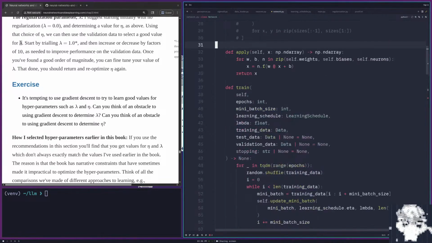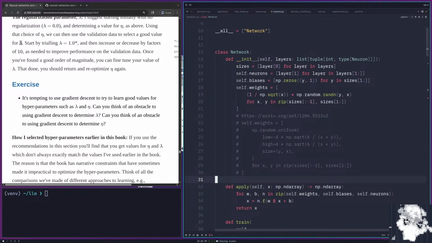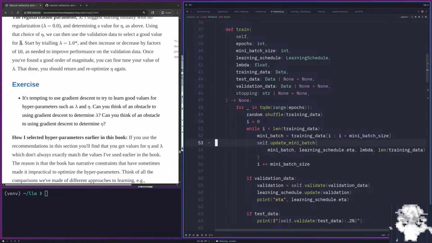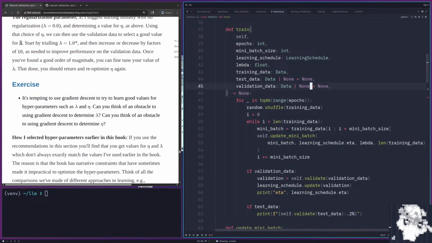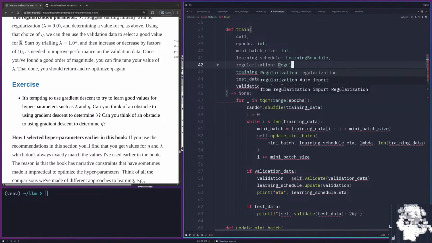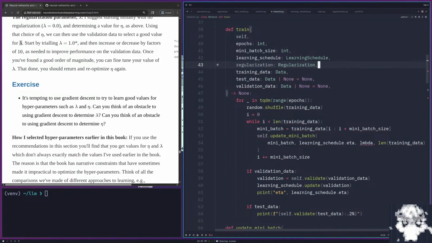Network, you've got to take regularization here. So we don't need stopping anymore. We don't need lambda in this way anymore. We just want regularization is a Regularization. It can even have a default, which is equal to no regularization.